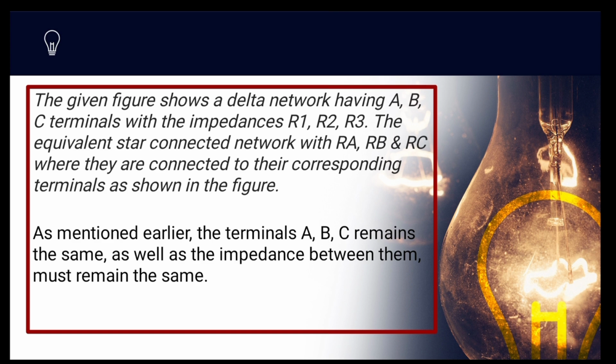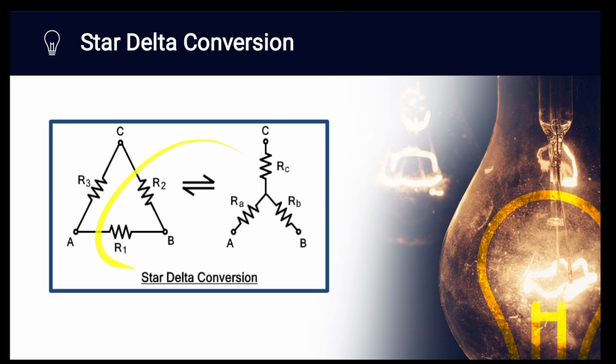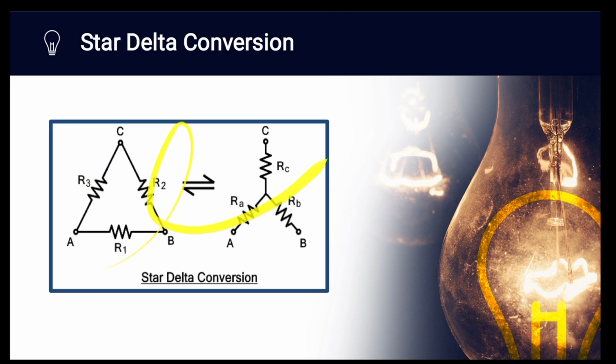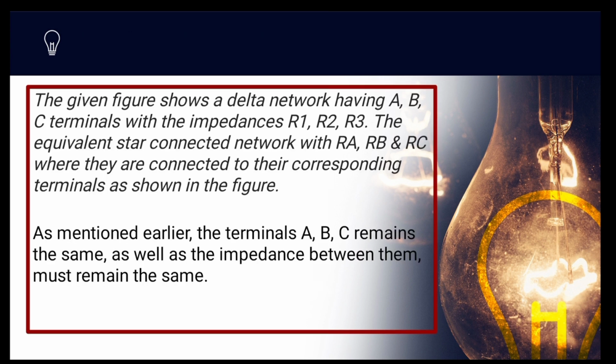The equivalent star-connected network has RA, RB, RC, connected to their corresponding terminals as shown in the figure. As mentioned earlier, the terminals A, B, C remain the same, and the impedance between them must remain the same.